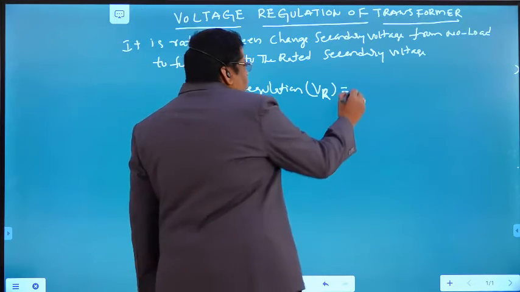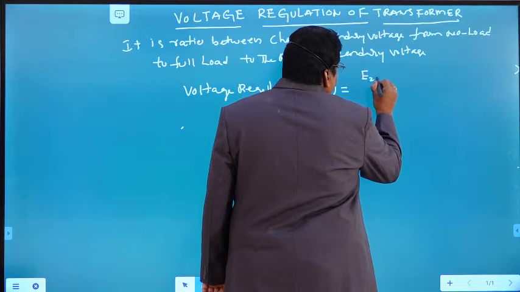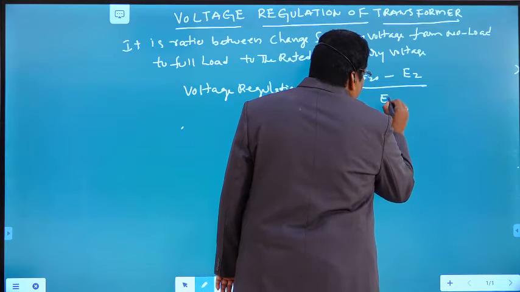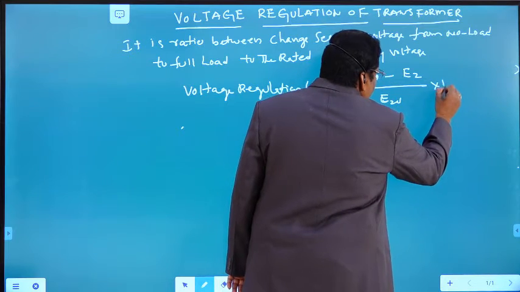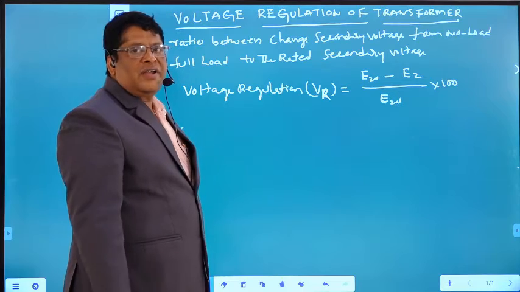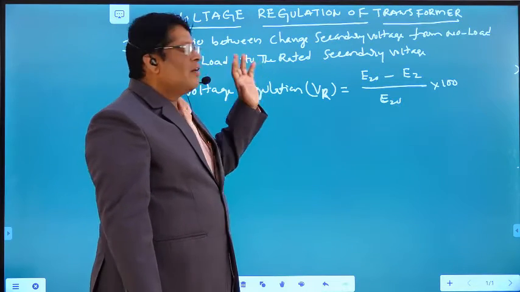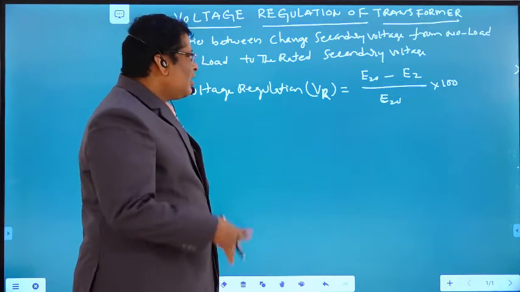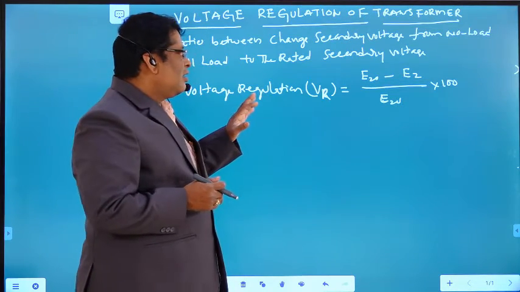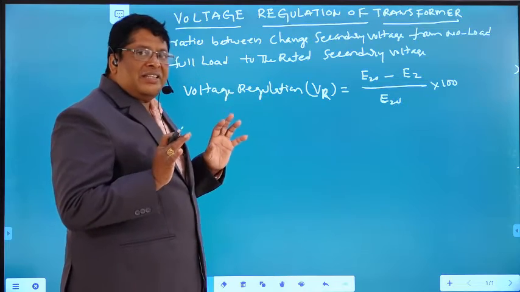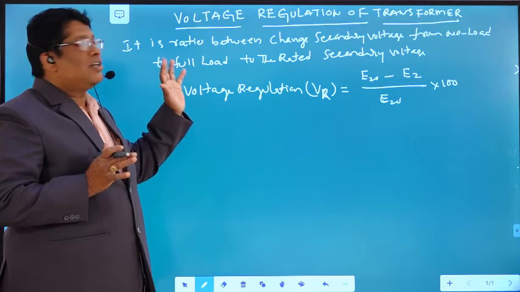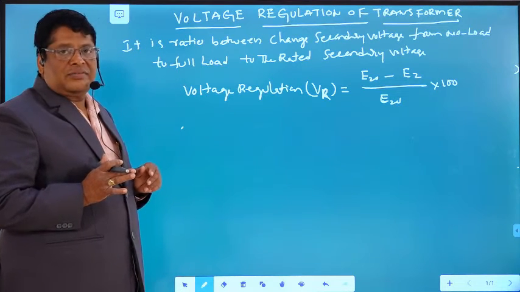If you take the no load voltage E2 naught minus full load voltage E2, divided by E2 naught, into 100, that is the voltage regulation of a given transformer at full load. Not only at full load, you can calculate it at any value. But here it represents the maximum voltage drop in a transformer, which is represented by the voltage regulation of a transformer.